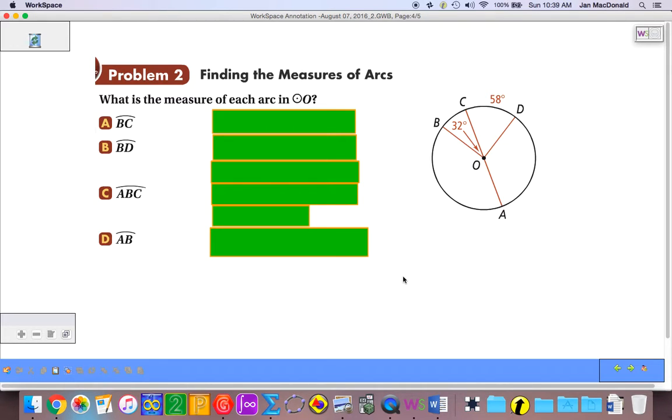What is the measure of each arc in circle O? Well, before I move on and do this problem, I'd like to mark up my diagram. If central angle BOC is 32 degrees, I know arc BC is also 32 degrees.